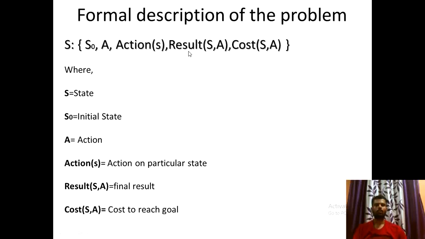That means we have reached our goal or our state. Then cost means the time to reach the particular goal, or we can say the optimal path to reach our goal.